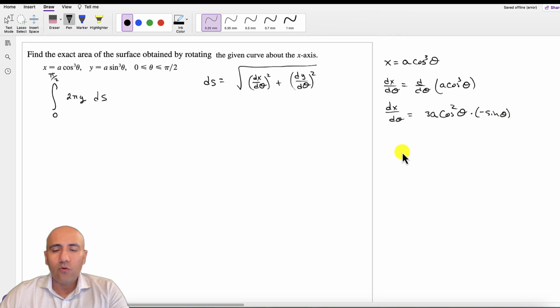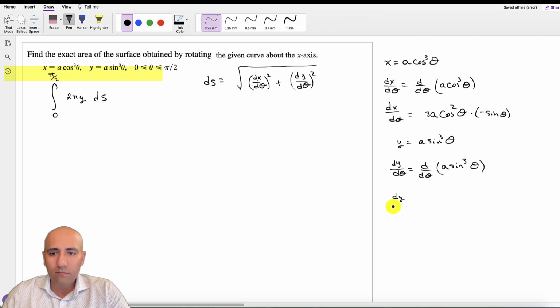And then for y, we have y equals a sine cubed theta. dy d theta becomes 3a sine squared theta times the derivative of the inside part, which is cosine of theta.